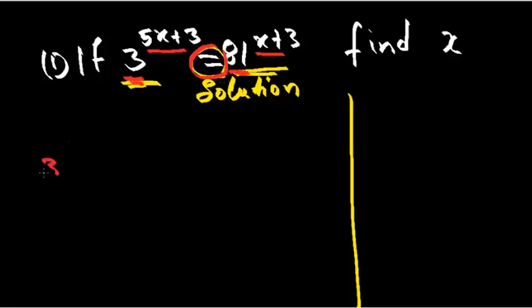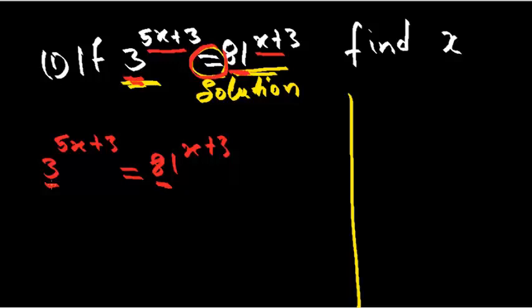So we have 3 exponent 5x plus 3 equal to 81 exponent x plus 3. Now, if you look at the two bases, we have 3 and 81. This 3 cannot be expressed in terms of any other prime number because it's already in the basic form.